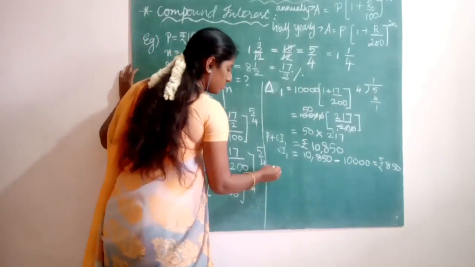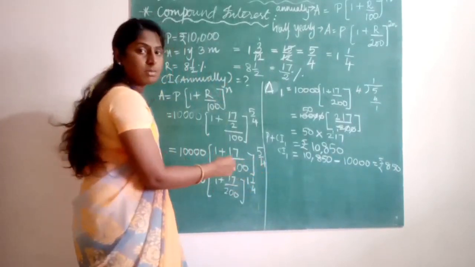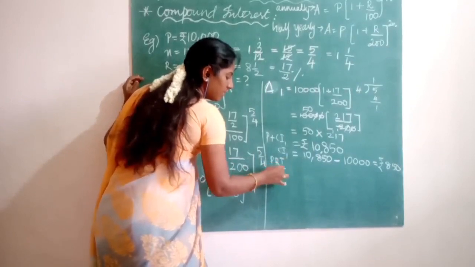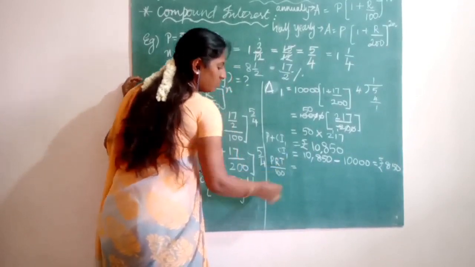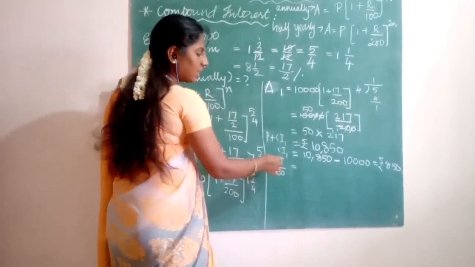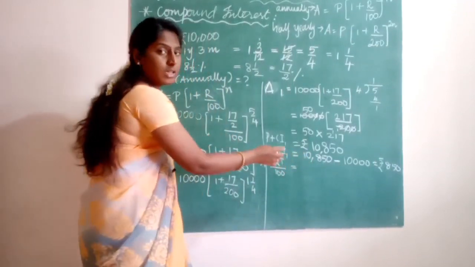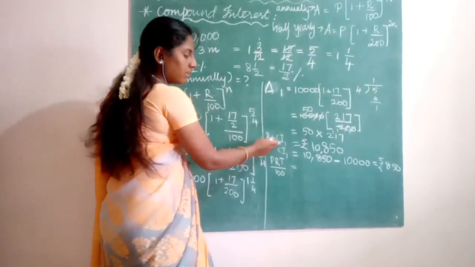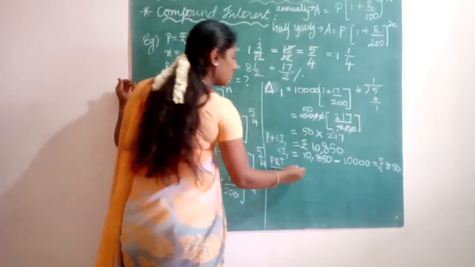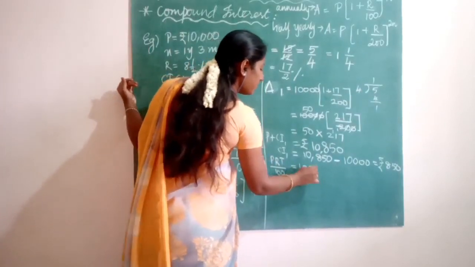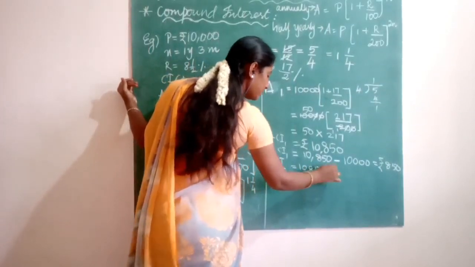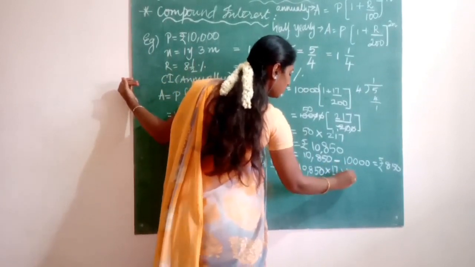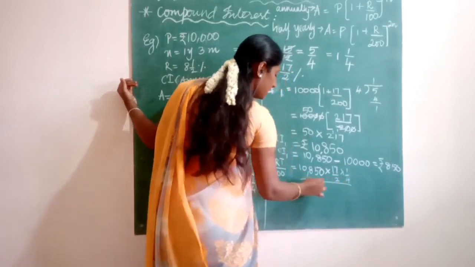Here you will find it using the simple interest formula. So what is the simple interest formula? PRT by 100, right? So here, for the principal you write the amount that you got along with the compound interest for the first year, into R, the rate of interest, 17 by 2, and time is 1/4, divided by 100.